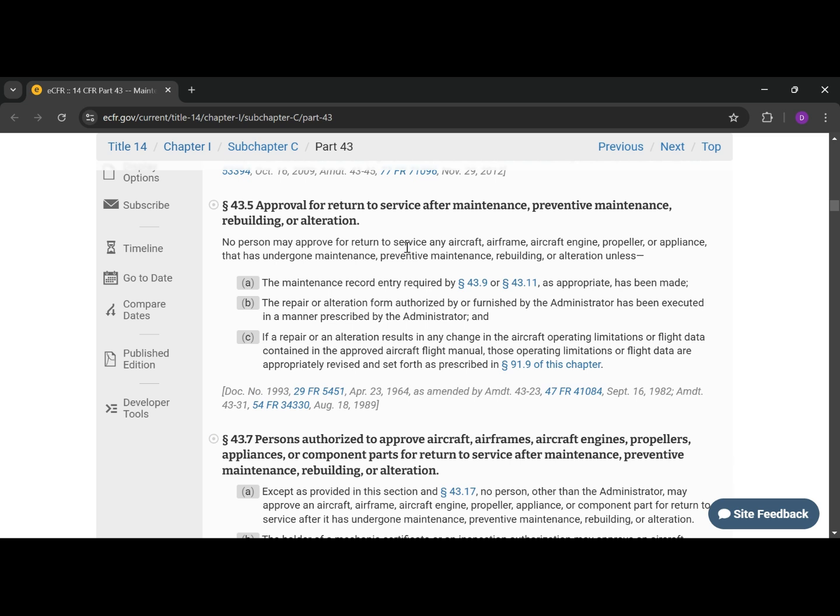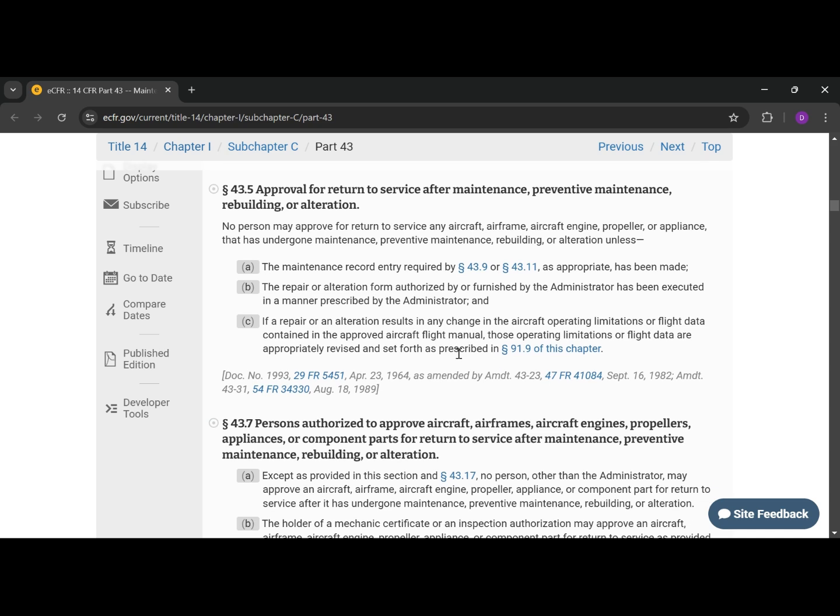No person may approve for return to service any aircraft, airframe, aircraft engine, propeller, or appliance that has undergone maintenance, preventative maintenance, rebuilding, or alteration, unless the maintenance record entry required by 43.9 or 43.11 as appropriate has been made, the repair or alteration form authorized by or furnished by the administrator has been executed in a manner prescribed by the administrator, and if a repair or an alteration results in any change in the aircraft operating limitations or flight data contained in the approved aircraft flight manual, those operating limitations or flight data are appropriately revised and set forth as prescribed in 91.9 of this chapter.